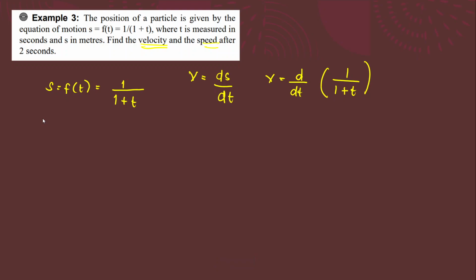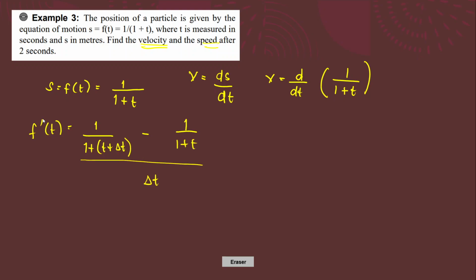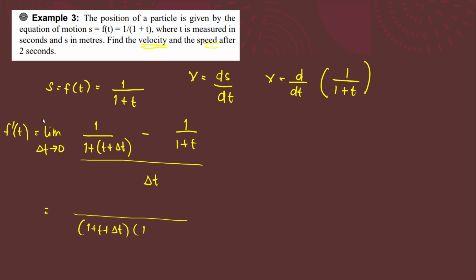So, pag dinerive natin siya, f prime of t is equals to 1 over 1 plus t plus delta t, minus the function itself, all over delta t. Okay. Nakalimutan natin isulat yung limit. F prime of t, limit when delta t approaches 0. Okay. So, simplify natin. Common factor, 1 plus t plus delta t times 1 plus t. This one divided by this one, 1 plus t times mo sa 1, minus this one divided by this one na matitira ito, 1 plus t plus delta t.